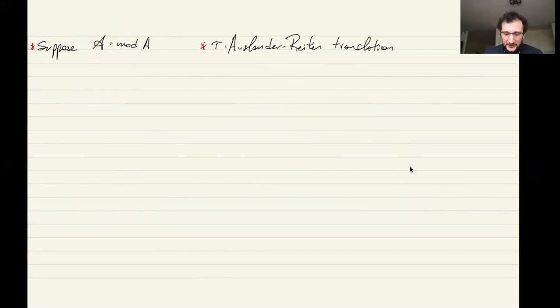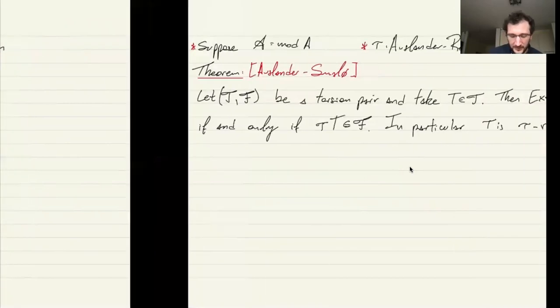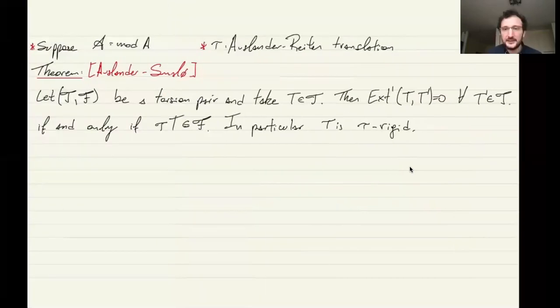Tau-tilting theory started with the following theorem by Auslander and Smalø: if I have a torsion pair (T,F), and I have an object T in my torsion class, then this T is Ext-projective if and only if the Auslander-Reiten translation of T belongs to the torsion-free part, right?